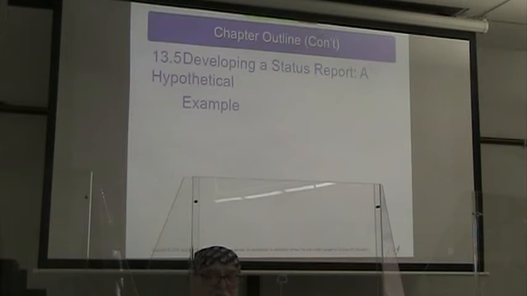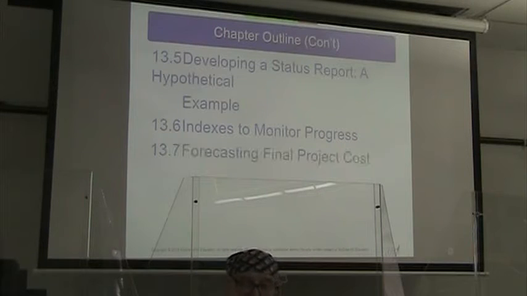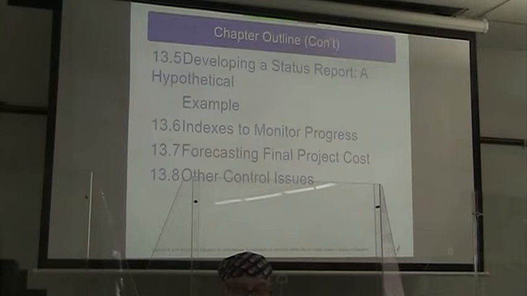Oh, that was well done, wasn't it? 13.6, indexes to monitor progress. 13.7, forecasting the final project cost. And 13.8, other control issues.